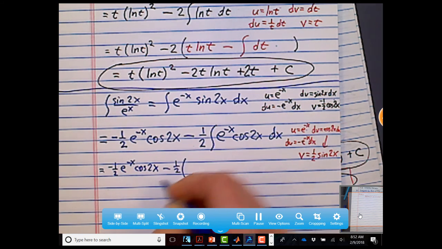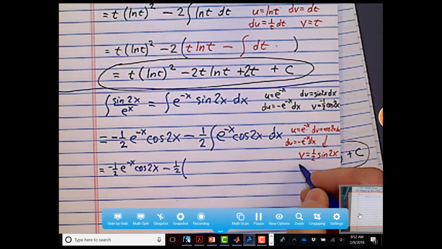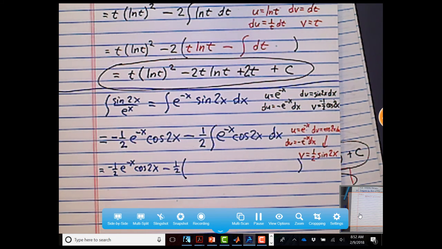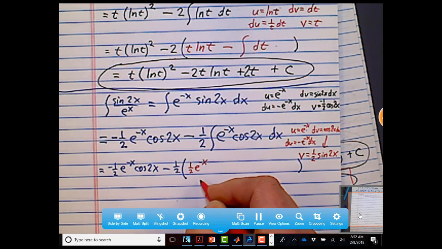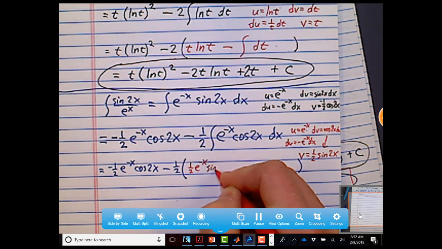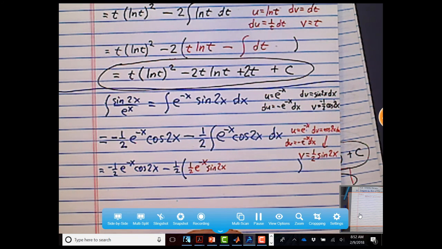And then in here, I'm going to write down the stuff that we get from that red substitution. So let's see, when we do uv, we get 1/2 e to the negative x sine of 2x, right?